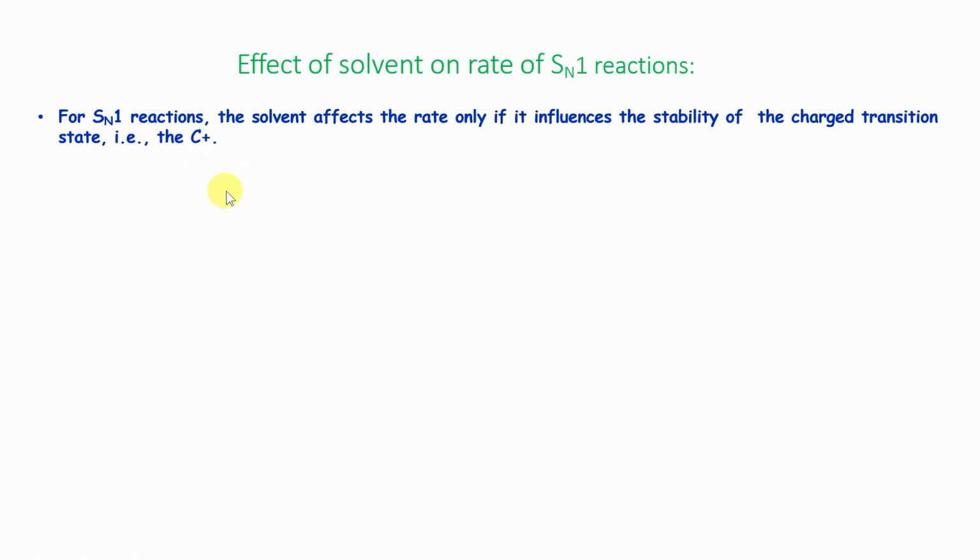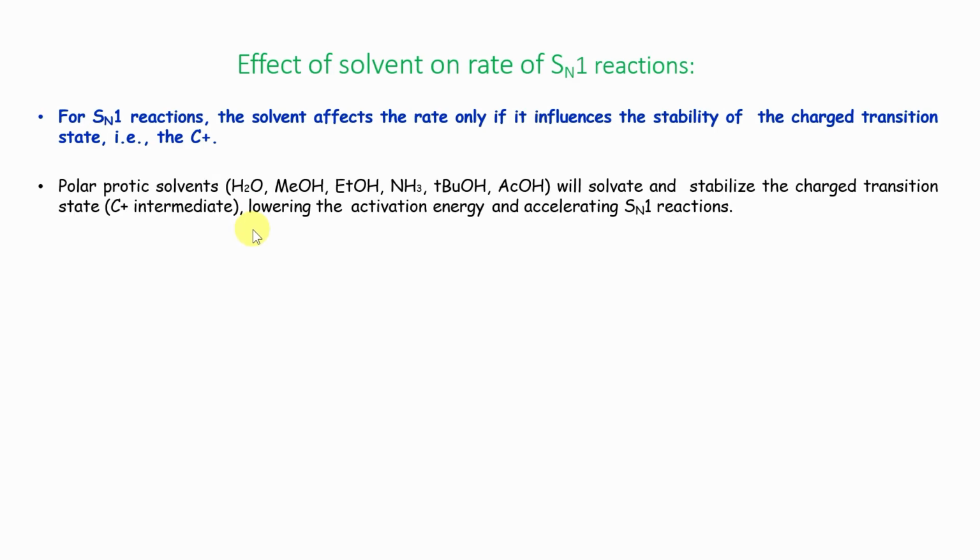Any factor that stabilizes the carbocation will increase the rate of SN1 reaction. And in this case, any solvent that increases the stability of carbocation increases the rate of SN1 reaction.